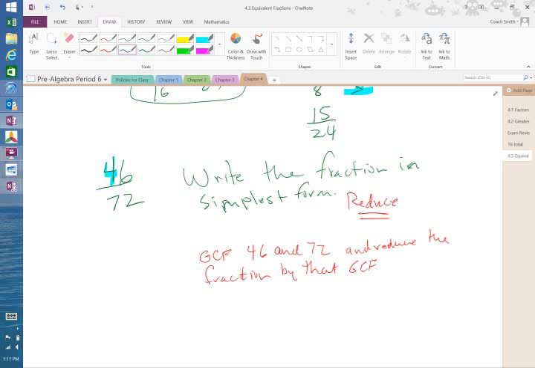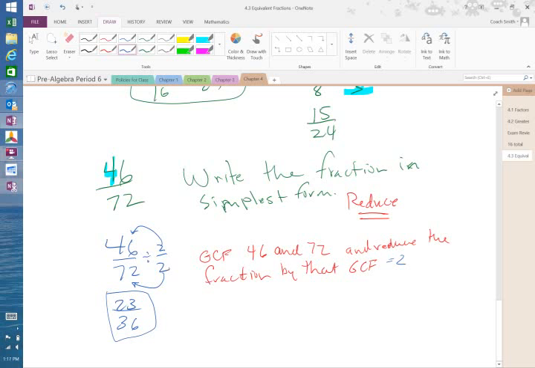So let's try 2 and see if that ends up being the only one. So 46 over 72, and 2 is our GCF. So we divide by 2. 2 goes into 46 23 times. 2 goes into 72 36 times. So 23 over 36.